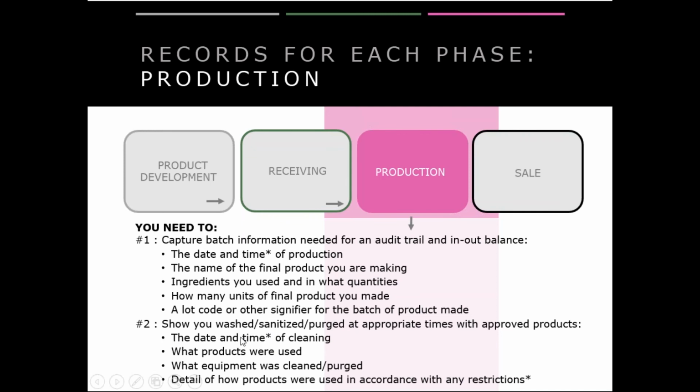So time is really important if you have non-organic and organic production because you're showing that you cleaned possibly between two different times. And then if you use products that are approved but with restrictions, you might have to have some other sort of record, say maybe like a parts per million record that you're actually meeting those restrictions.